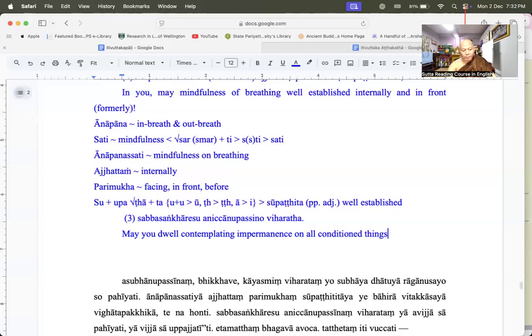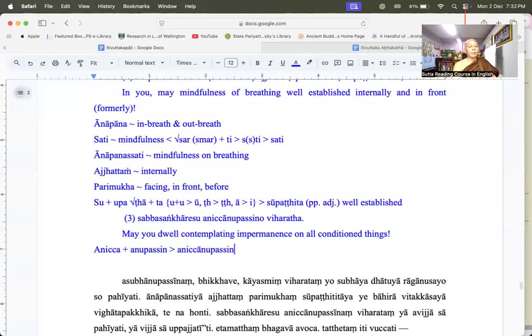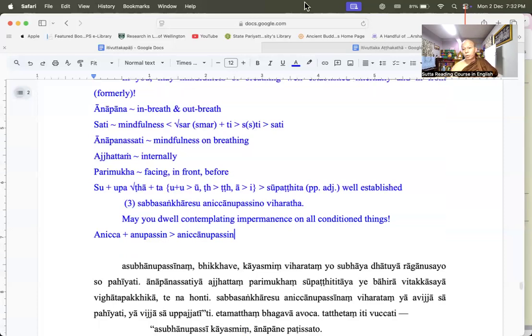That means mind and matter. So in this way can be understood. Anicca and anupassi, nominative case plural form, Aniccanupassi. So in this way can be understood. Contemplating.